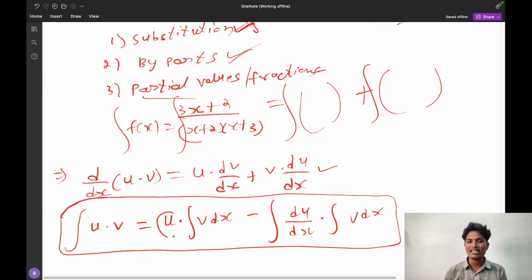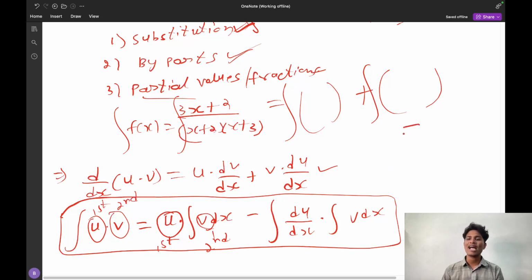And here I said the first function and second function. How to define the first function? That is, u is the first function here, v is the second function here. How to decide? The formula, or you can say the mnemonic, is ILATE. What is ILATE? This is a rule.